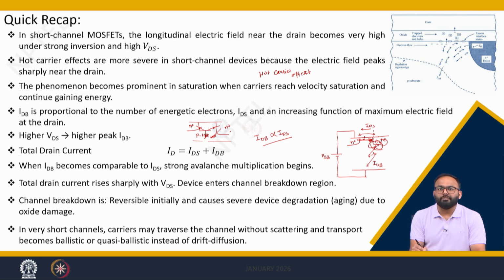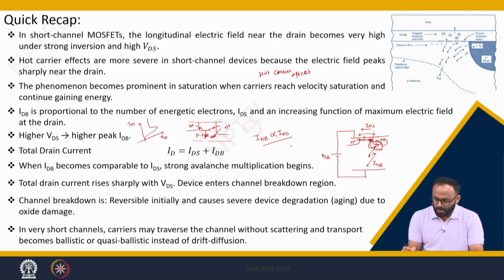A positive feedback occurs and we get a snapback action. We have shown the IdS versus VDS characteristic, where as VDS increases there is a sudden increase in the current. Accordingly, because of the increase in IdB, there is also a channel breakdown.